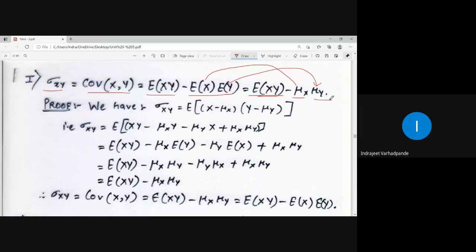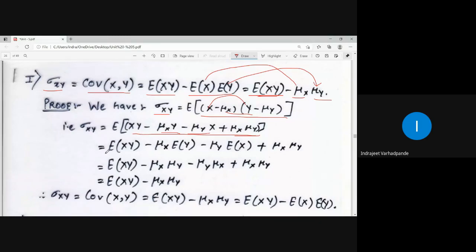Now what is the definition of covariance of xy? Covariance of xy, that is sigma xy, is the expectation of (x minus mu x) into (y minus mu y). Open the bracket: x into y, x into mu y, mu x into y, and mu x into mu y. The expectation of all these terms will be taken individually.